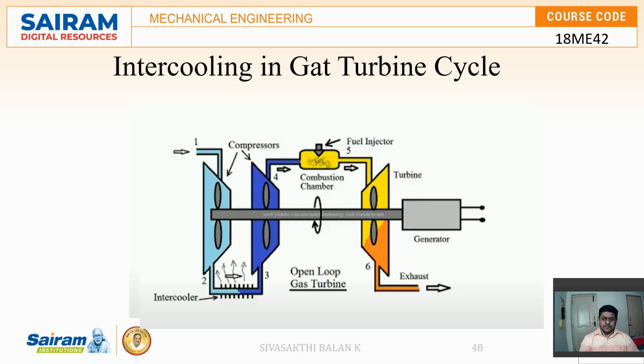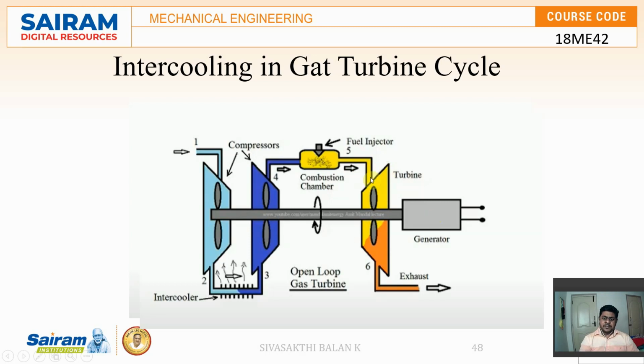At state 4, the high pressure, high temperature air enters the combustion chamber where fuel is ignited and combustion takes place. Because of the combustion, the temperature increases drastically and the gas enters the turbine. At the inlet of the turbine, the gas has high temperature as well as high pressure.